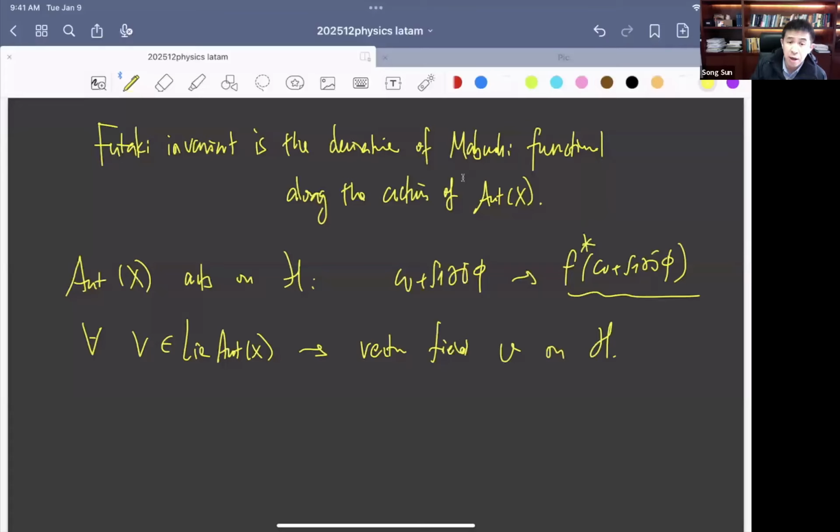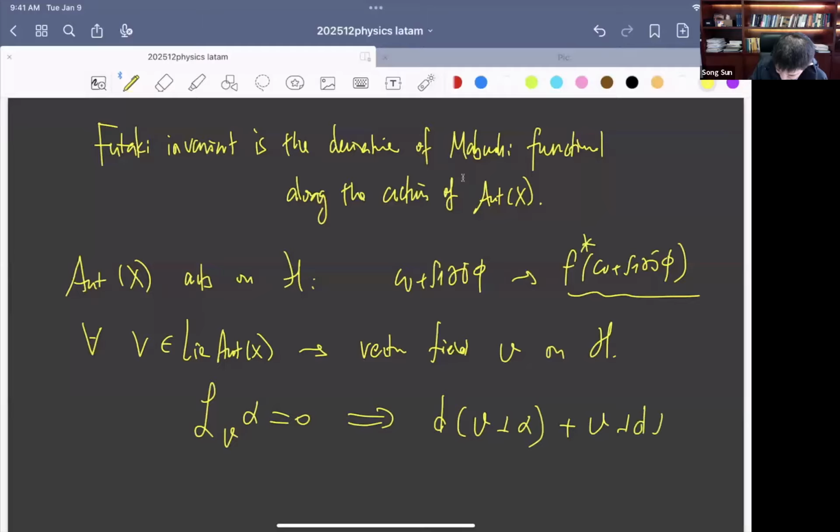And just from this property, this is a canonical action. This little v preserves the one-form alpha. And by the Cartan formula, d of (little v contracted with alpha) plus (little v contracted with d alpha) equals 0. Alpha is closed. That means this is constant. This constant in H means it's independent of the metric.